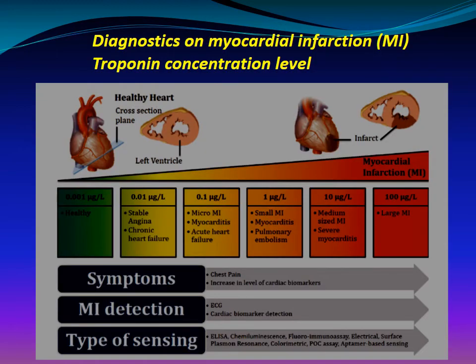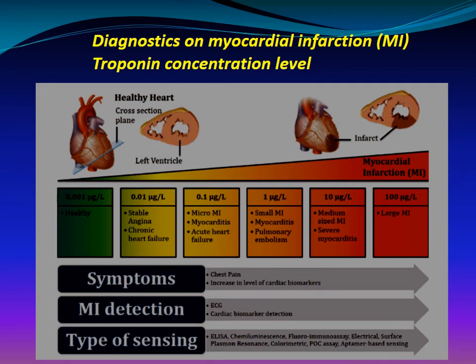Diagnosis of myocardial infarction and troponin concentration level. In a healthy adult, the level is 0.001 microgram per liter. In stable angina and chronic heart failure, the level is 0.01 microgram per liter. In minor myocardial infarction, myocarditis and acute heart failure, the troponin level is 0.1 microgram per liter.